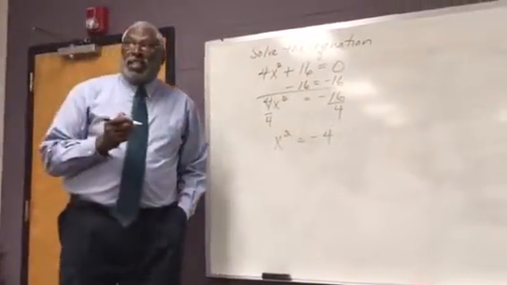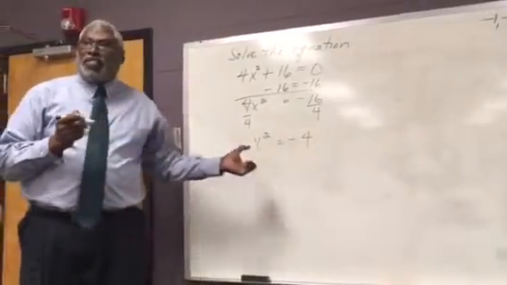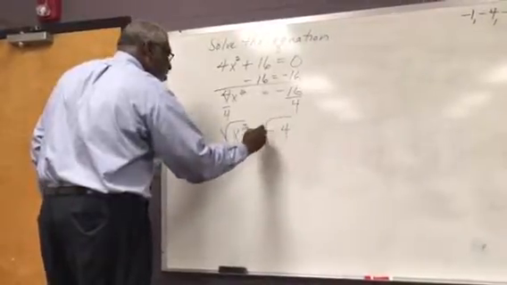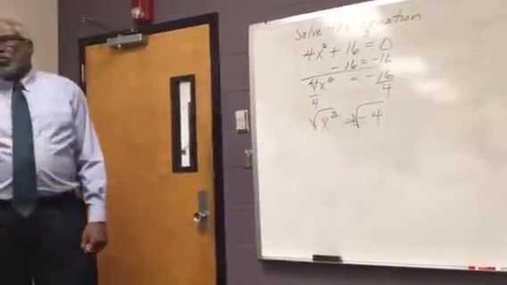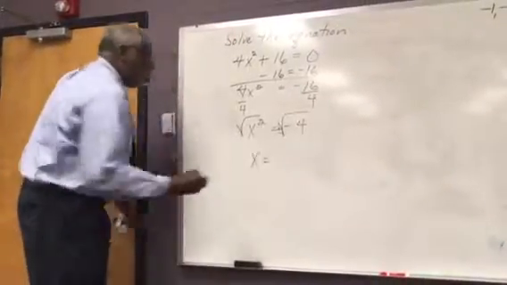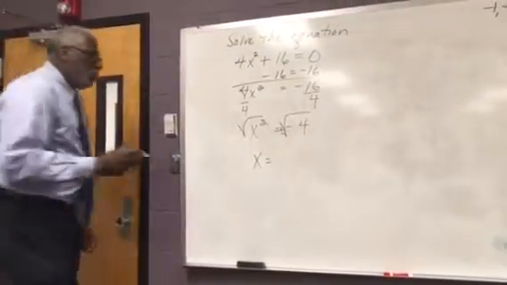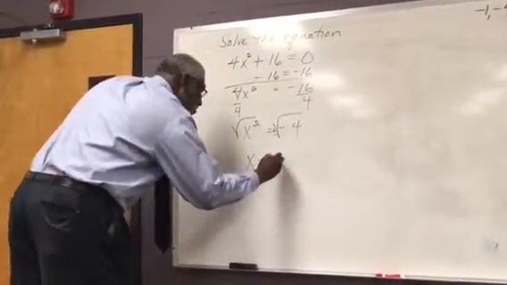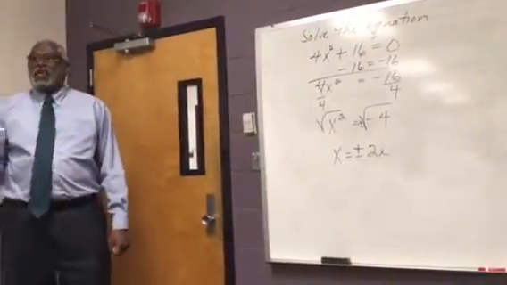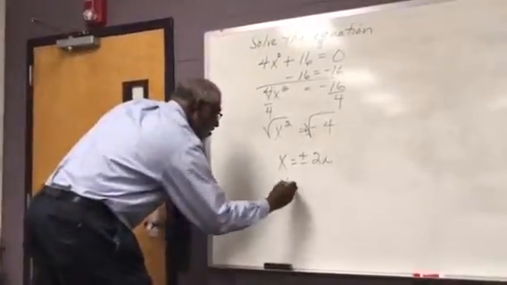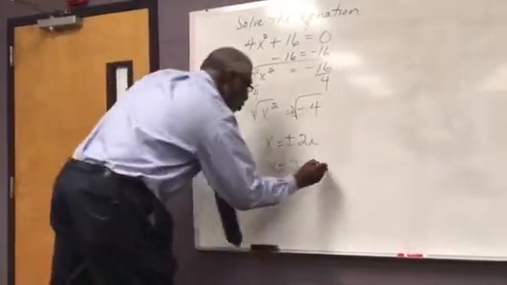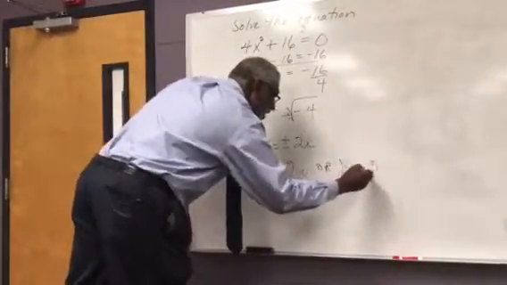Again we use the square root property of equality: to solve for x, we take the square root on both sides. The square root of x squared is x, and the square root of negative 4 is 2i. So x equals plus or minus 2i. When we expand this further, what we're seeing is its conjugate: x equals 2i or x equals negative 2i.